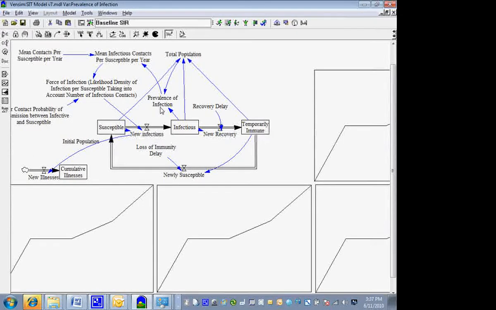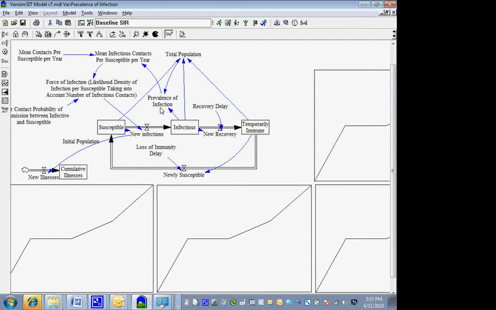So, it's kind of a dual relationship. The stocks determine the flows and the flows determine the stocks. At any given time, the flows depend on the stocks for that time. How many people are leaving this temporarily immune stock depends on the number of people that are temporarily immune. If there's no one temporarily immune, no one is going to be losing immunity. If there's no one infectious, no one is going to be getting infected.